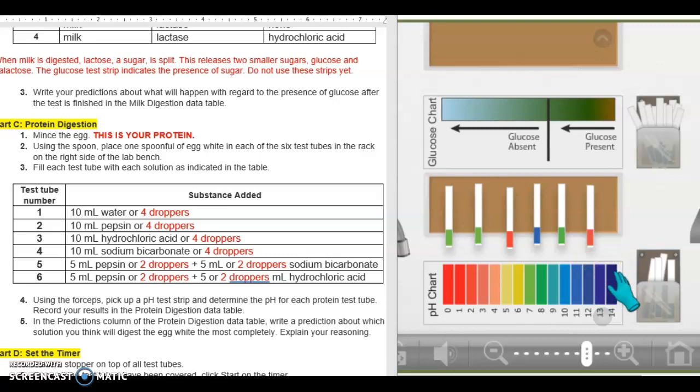Acids are things like lemon juice, stomach acid, vinegar, anything that they call caustic. Blue things, bases, are soaps. Hand soap, detergents, liquid dish soap is a good example.